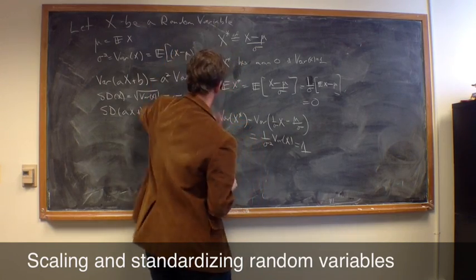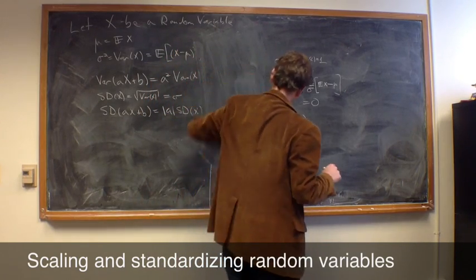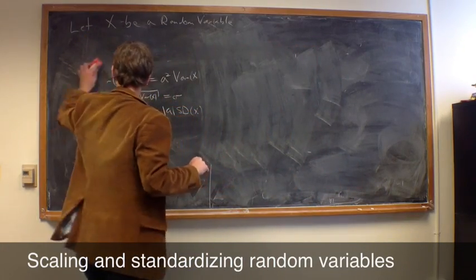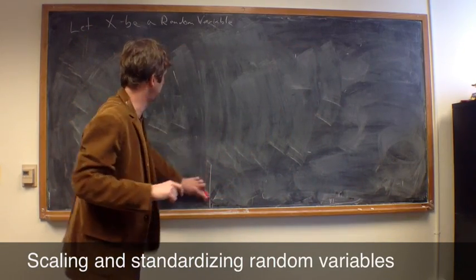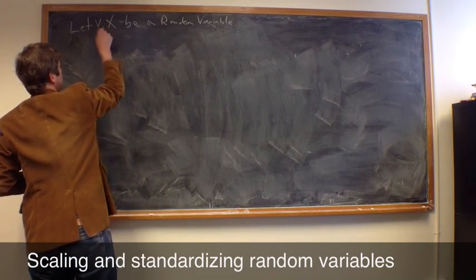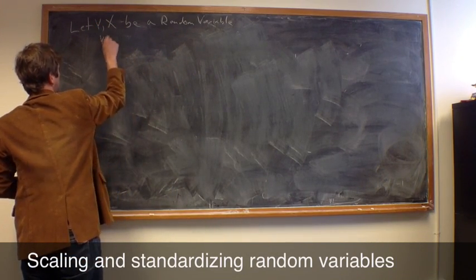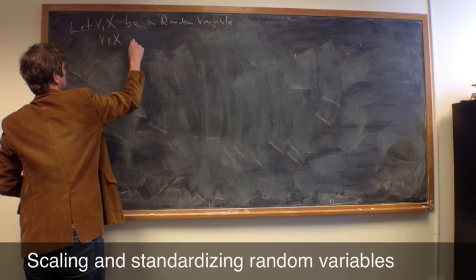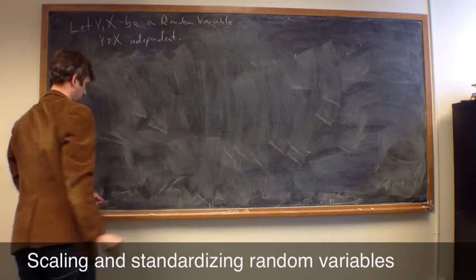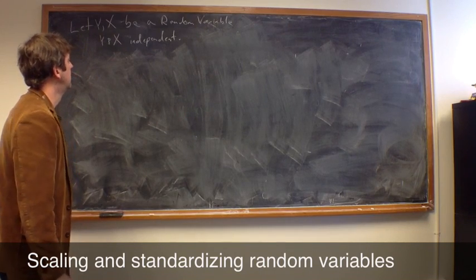So now, what we're interested in is what happens if I have a number of independent random variables. So now let x and y be two random variables, and let them be independent.